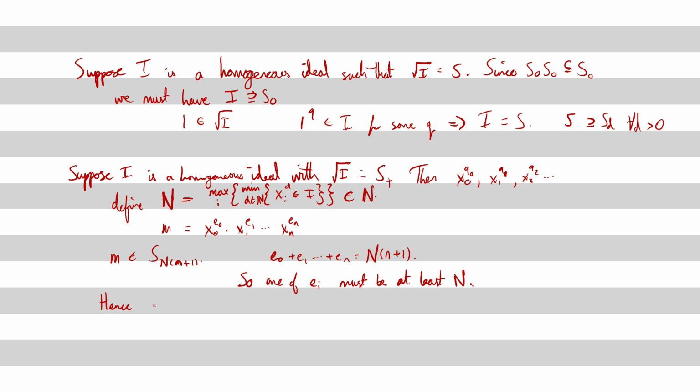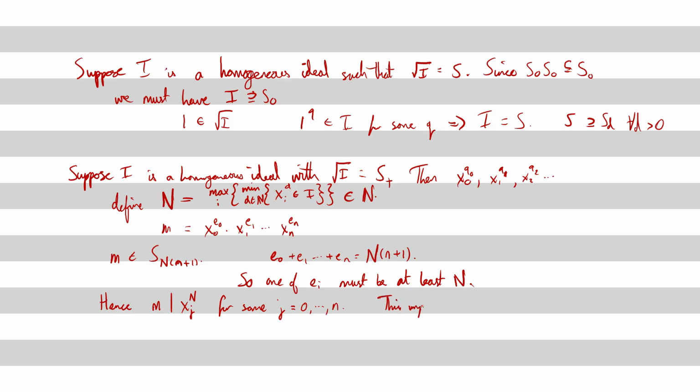Hence, m is divisible by xj to the big N for some j equals 0 to n.